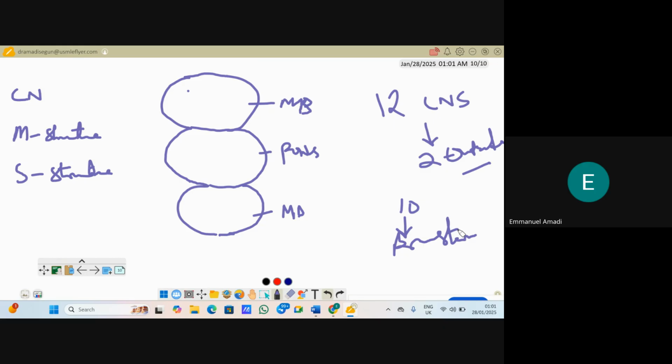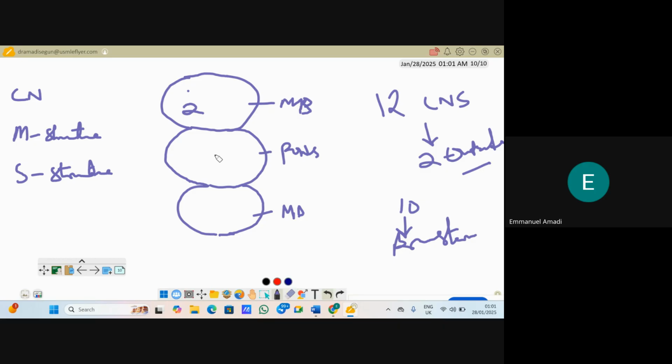Those ones are seen in the cerebral hemisphere. If 1 and 2 are out, what do we have left? What we have left is 3, 4, 5, 6, 7, 8, 9, 10, 11, 12. Now, two of them, okay, let's say two of them are in the midbrain, of course.